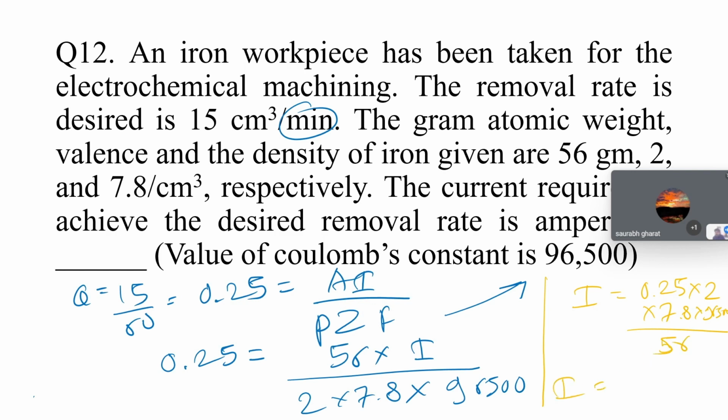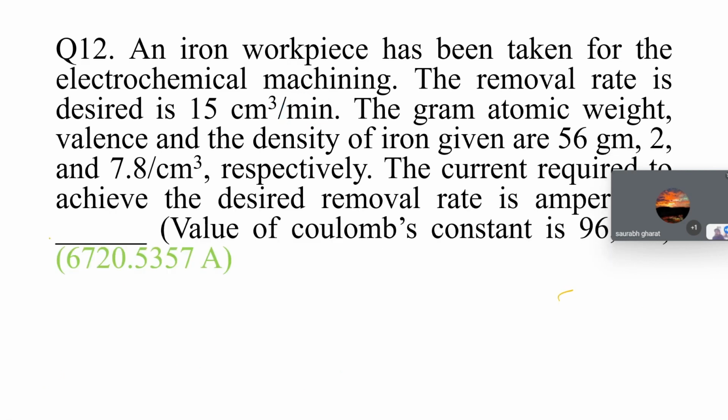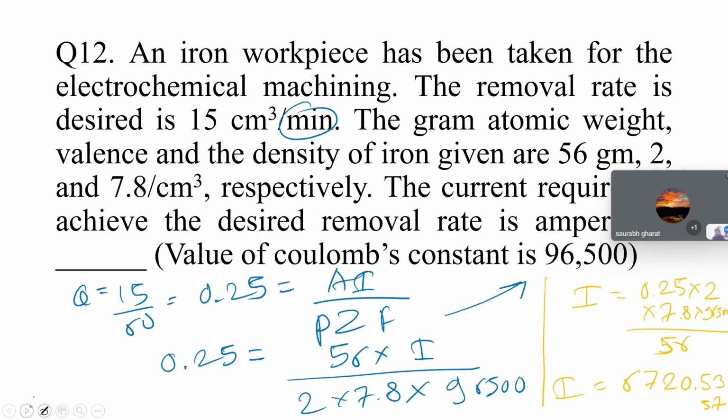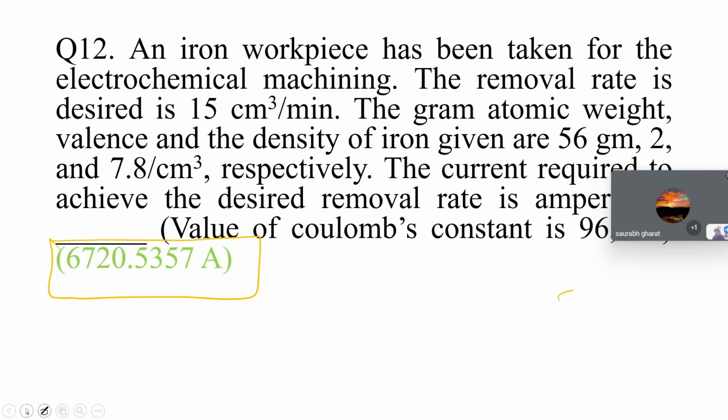I will be equal to 6720.5357. This will be your answer from the calculation I showed you. In this calculation you will have these answers. Okay, so we will move forward here.